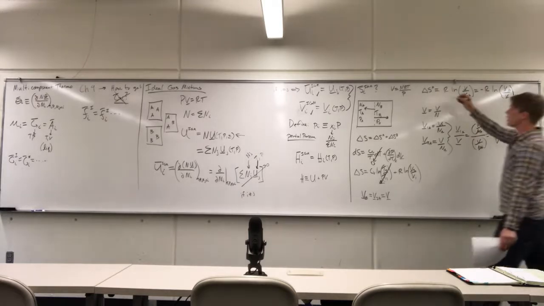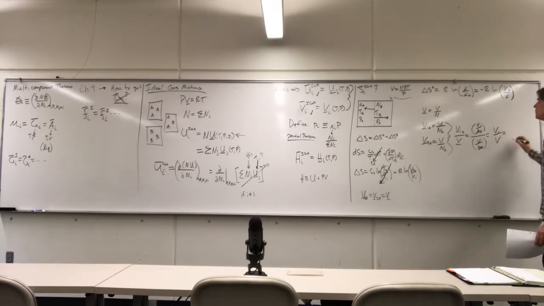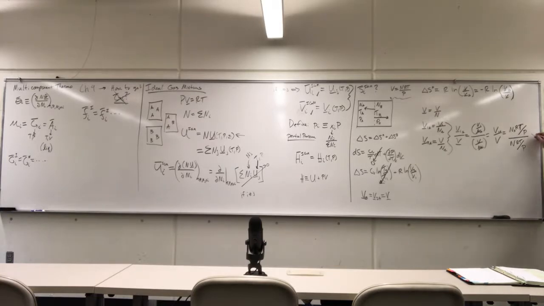Because then we will substitute in our expression for the ideal gas law, where this is going to be N A R T over P divided by N R T over P. And all I wanted to do with all this math, so sorry for botching this completely, is show that basically the R's and T's cancel, the P's cancel.